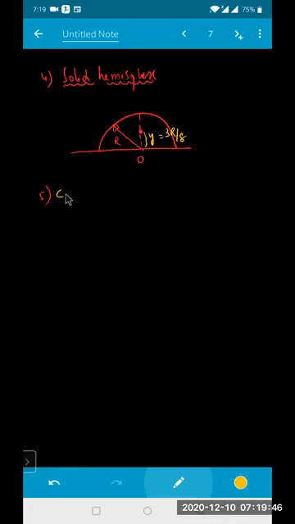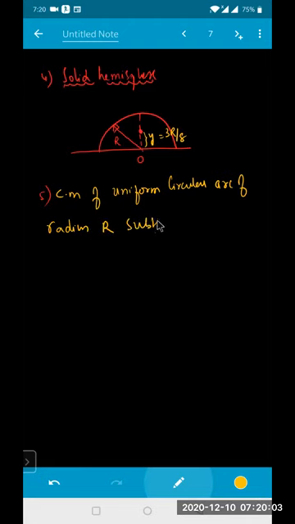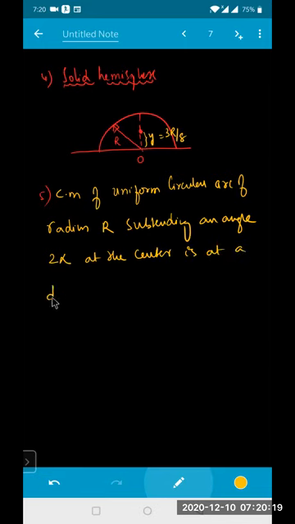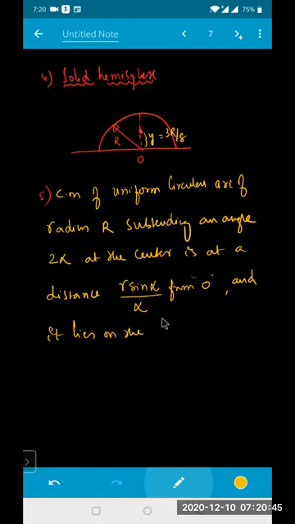Center of mass of a uniform circular arc of radius capital R, subtending an angle 2 alpha at the center, is at a distance R sine alpha divided by alpha from the center of curvature, from O, and it lies on the bisector.